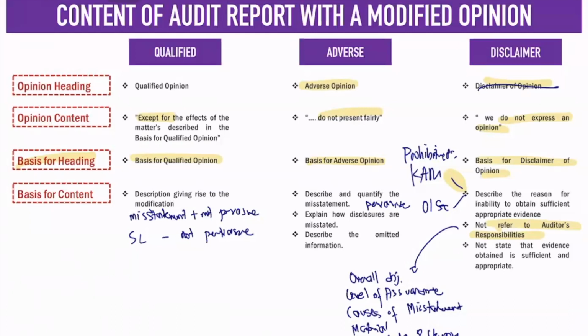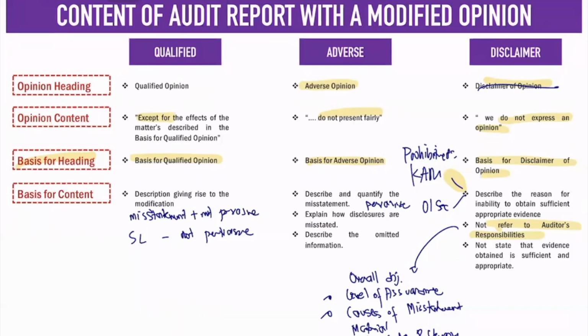Therefore, what will change is that you just provide your auditor independence and other ethical responsibilities. Generally, you cannot provide any level of assurance. You cannot provide the causes of misstatement or your audit process and procedure. Why? Because you do not have sufficient and appropriate audit evidence.